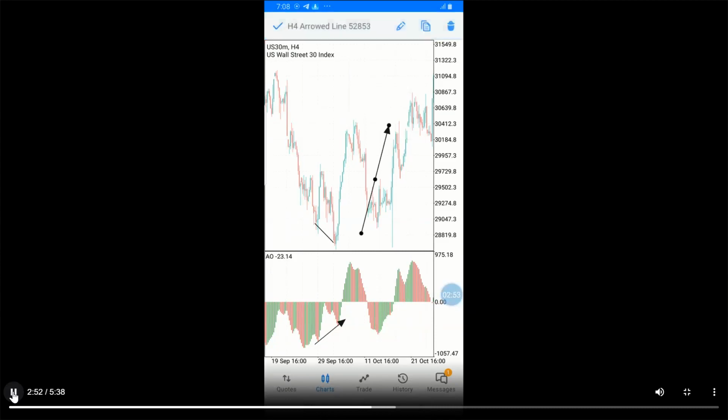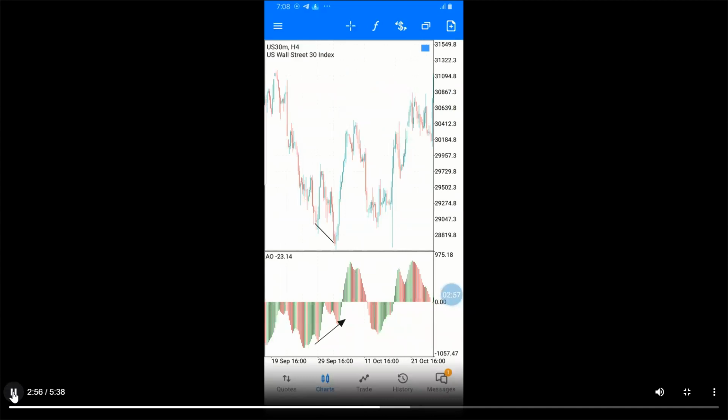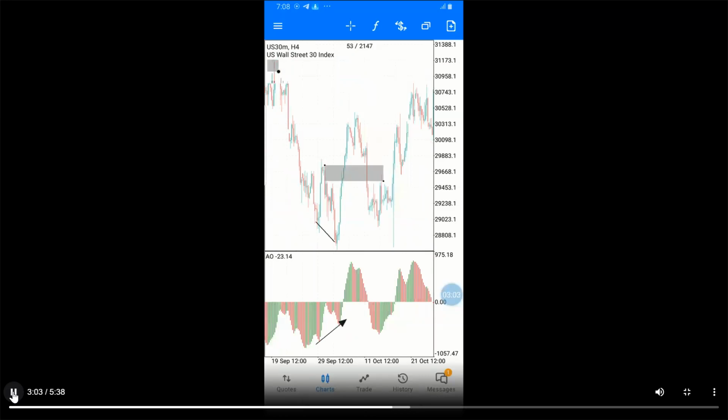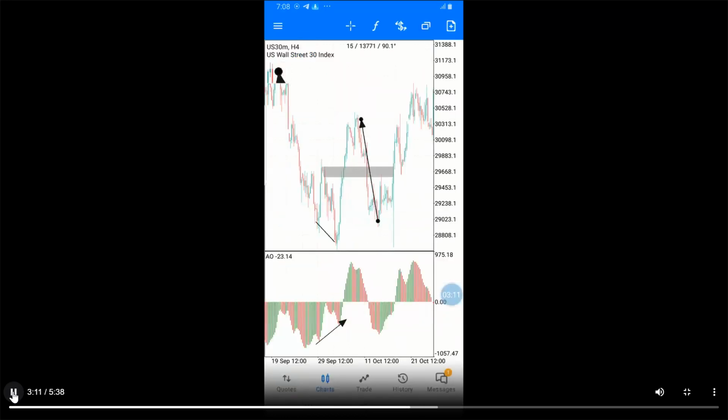So if we see on this chart, you can see there was a supply zone right here. A valid supply zone because it was not yet tested, as you see, guys. So when the market came back, the market violated this supply zone here and it went up.